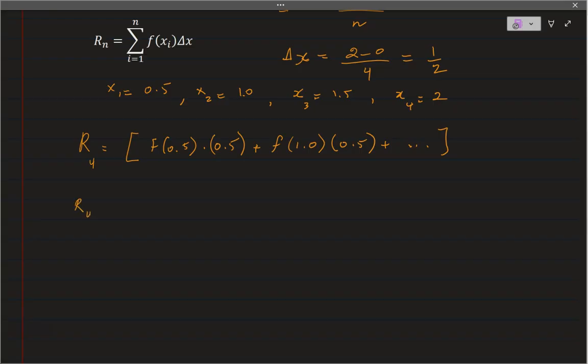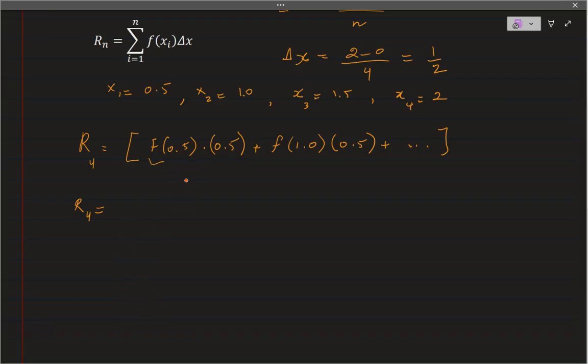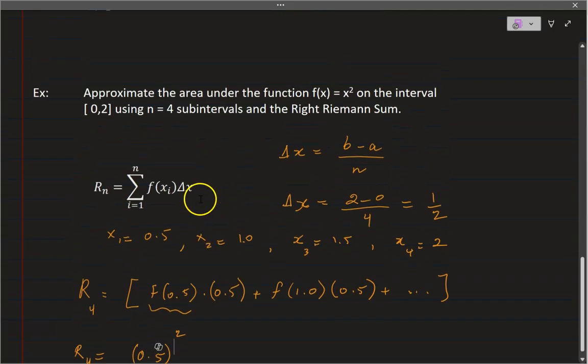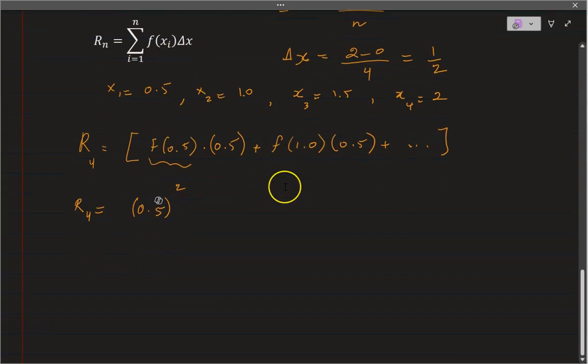And when you do this, remember that f of 0.5 is 0.5 squared. The function we have is f of x equal to x squared, so we grab this 0.5, plug it in there, and it becomes 0.5 squared. I just wanted to show you one sample substitution, and then you can do the rest yourself.